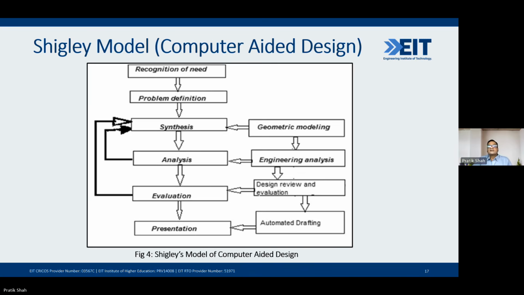Whereas the synthesis portion, where normally people used to create drawings with the help of a pencil and a drafter or a sheet, has now been taken up by the geometric modeling phase. People use various geometric modeling software in order to undergo this synthesis process.